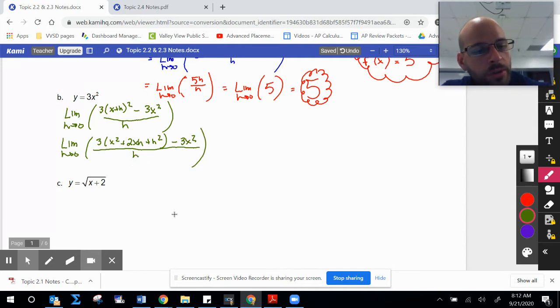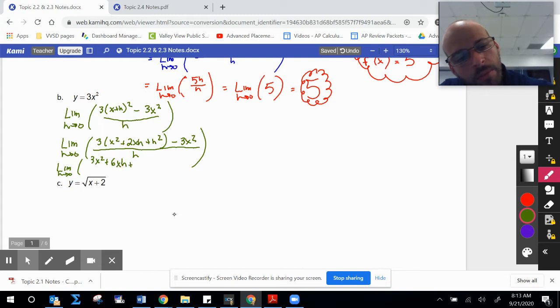I'm going to distribute. So I have the limit as h goes to 0 of 3x squared plus 6xh plus 3h squared minus 3x squared all over h.